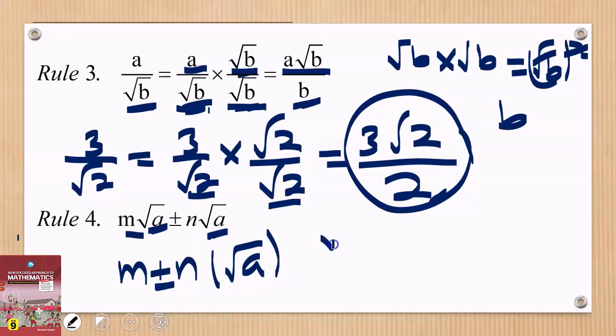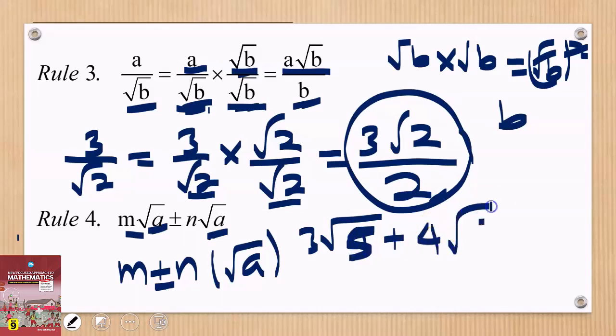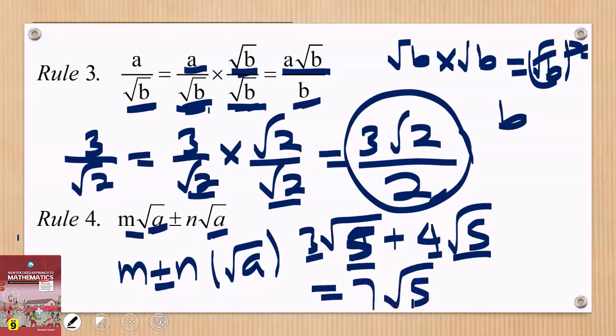So for example, if I have 3 root 5 plus 4 root 5, since we have root 5 here, this will be equal to just adding 3 plus 4, which is 7, and maintaining root 5. That is what it means. And if it is minus here, we just subtract and then we get the answer.